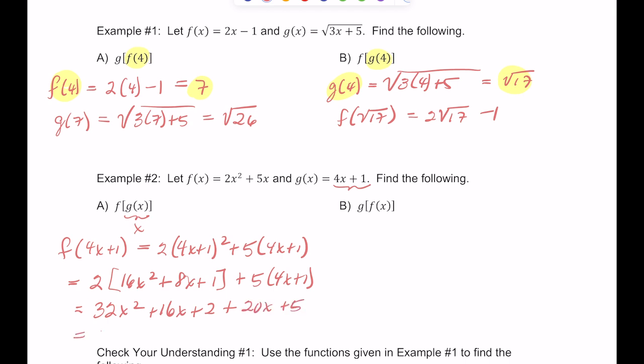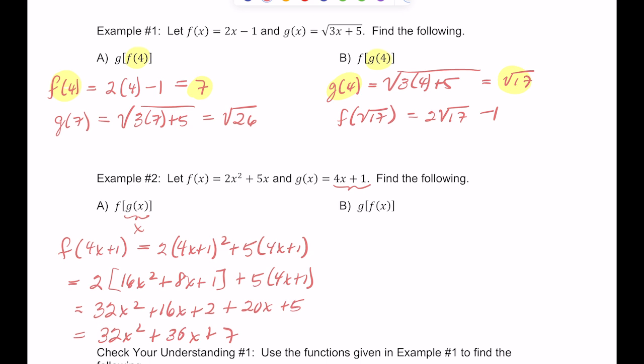Now combine like terms. I have a 16x and a 20x, which gives me 36x, and then 2 plus 5, which is 7. So you get 32x squared plus 36x plus 7, and that would be your final answer.